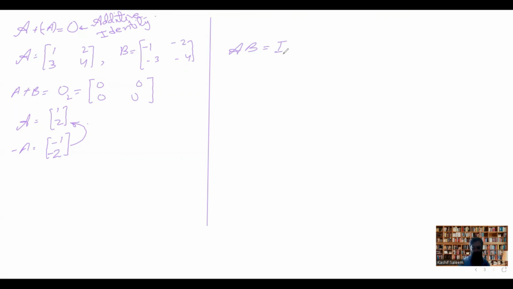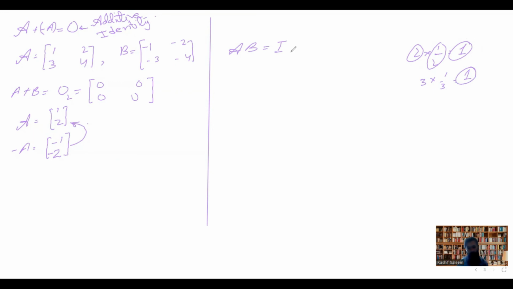This is the same as, if you have seen, 2 multiplied by 1 upon 2 is equal to 1. So 2 and 1 upon 2 are multiplicative inverses. 3 and 1 upon 3 are multiplicative inverses. So you have a multiplicative identity here, with respect to multiplication, that is for real numbers.